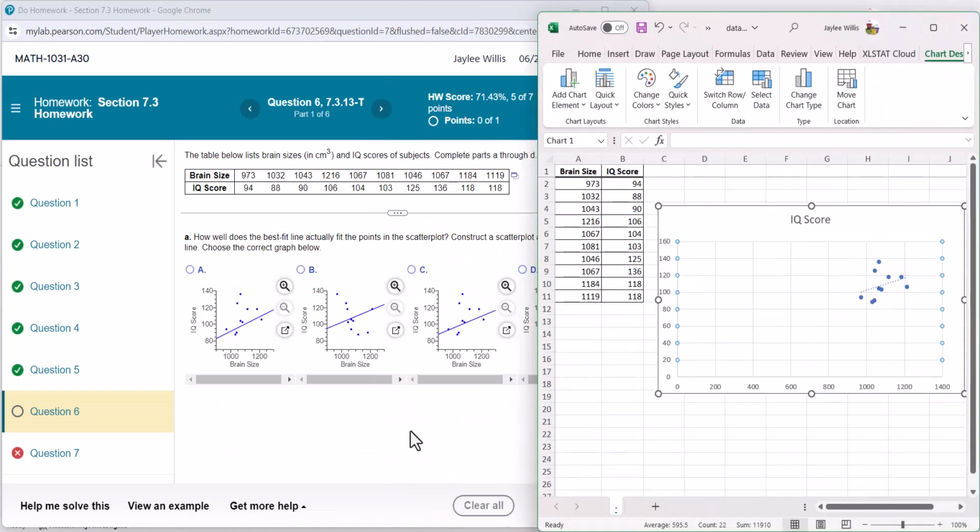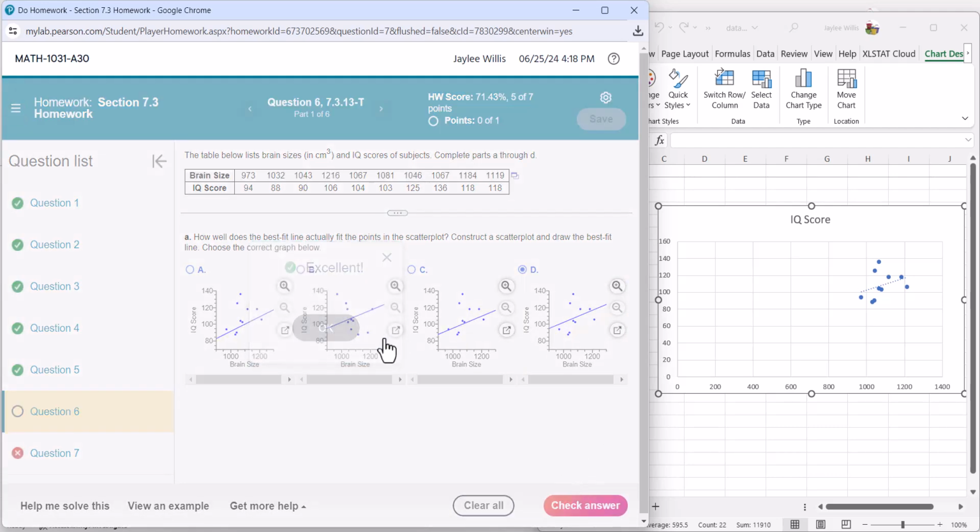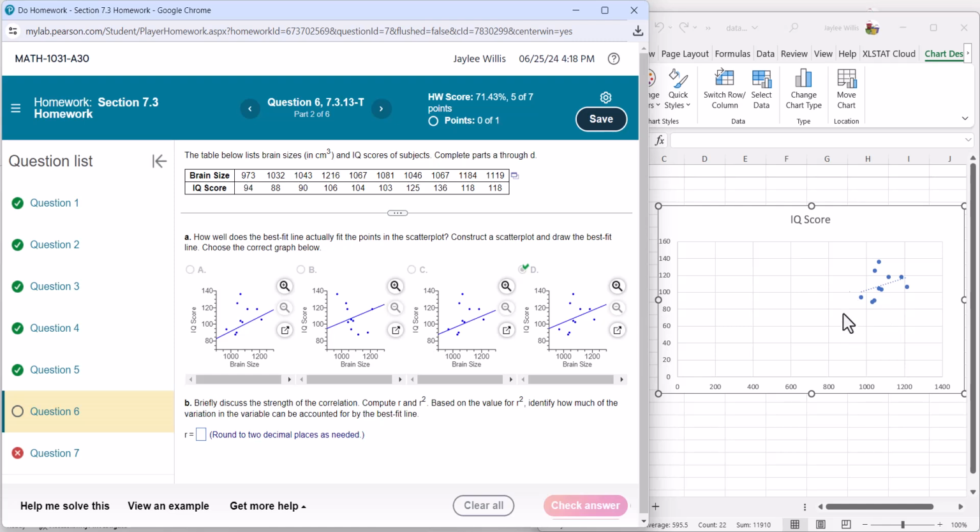When we look at these charts here, I think this one is the one that's most similar. Yeah, so that's the line of best fit. So that's how you do a scatter plot and make a line of best fit.